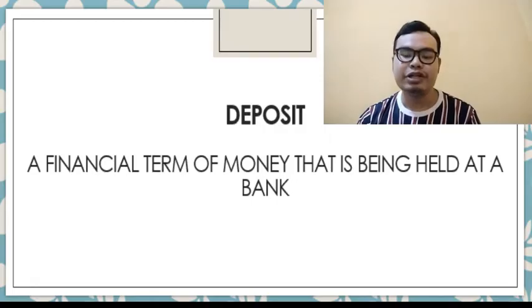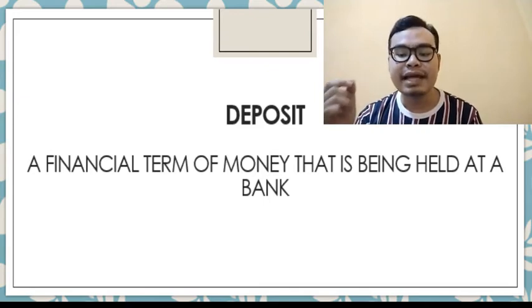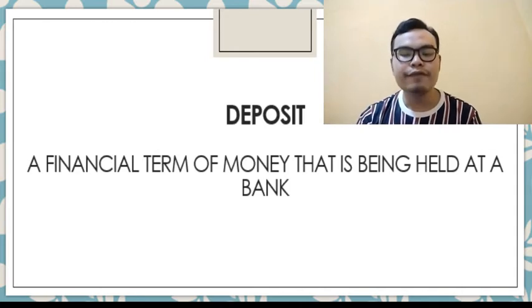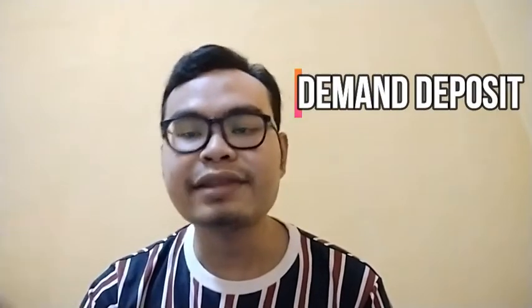The next one is deposit. A deposit is money that is held in the bank. It is also a transaction involving a transfer of money to another for safekeeping. The money belongs to the depositors, and they can withdraw and transfer the money to others, because the bank just holds it for safekeeping. Deposits have two types: demand deposit and time deposit.